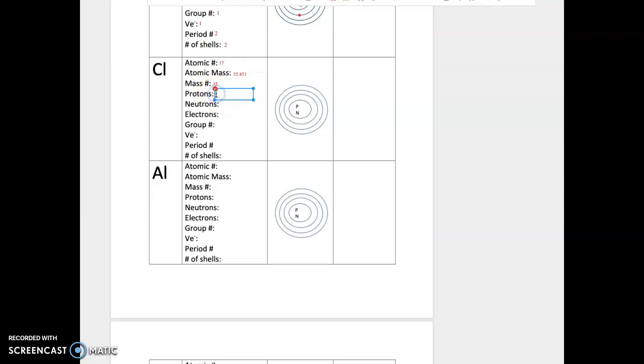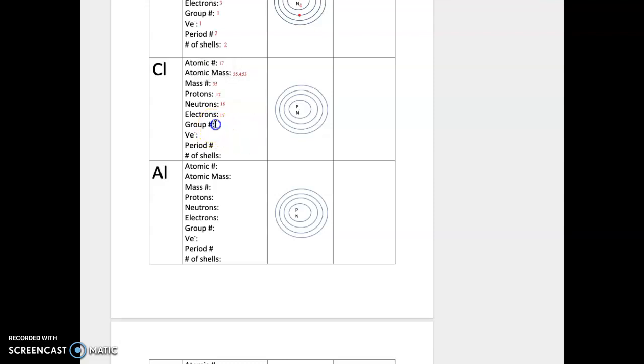Our number of protons is the same as the atomic number, so that's 17. That also tells us our number of electrons, which is also 17. Our number of neutrons is our mass number, 35, minus our number of protons, 17. 35 minus 17, we get 18.